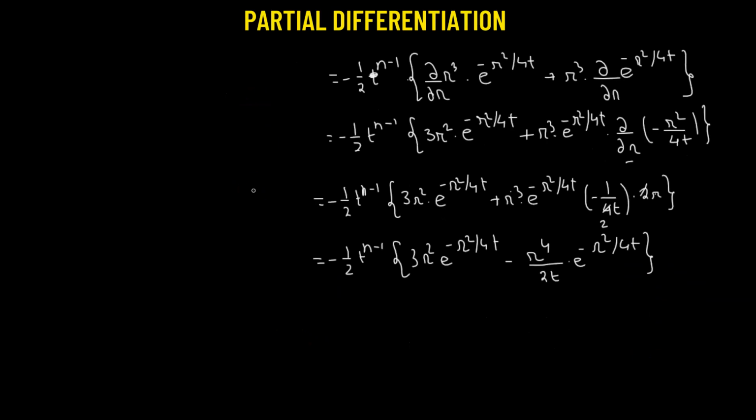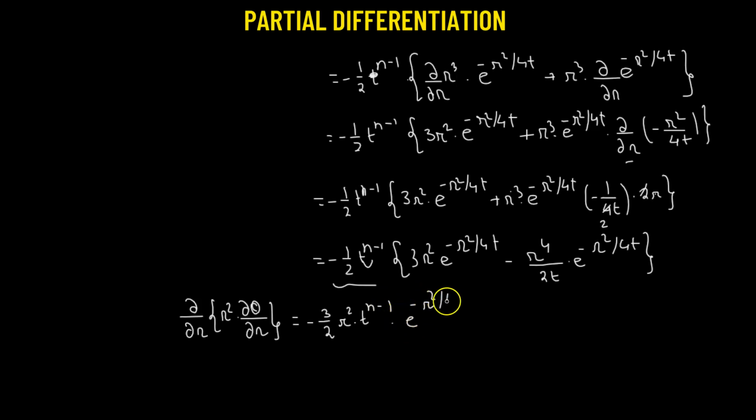So let's further simplify it. So we have partial with respect to r of r squared times partial of theta with respect to r. So what we'll do, now we'll multiply negative 1 over 2 times t raised to the power of n minus 1 to each of the two terms within the parentheses. So we have negative 3 over 2 times r squared times t raised to the power of n minus 1 multiplied to e raised to the power of negative r squared over 4t.